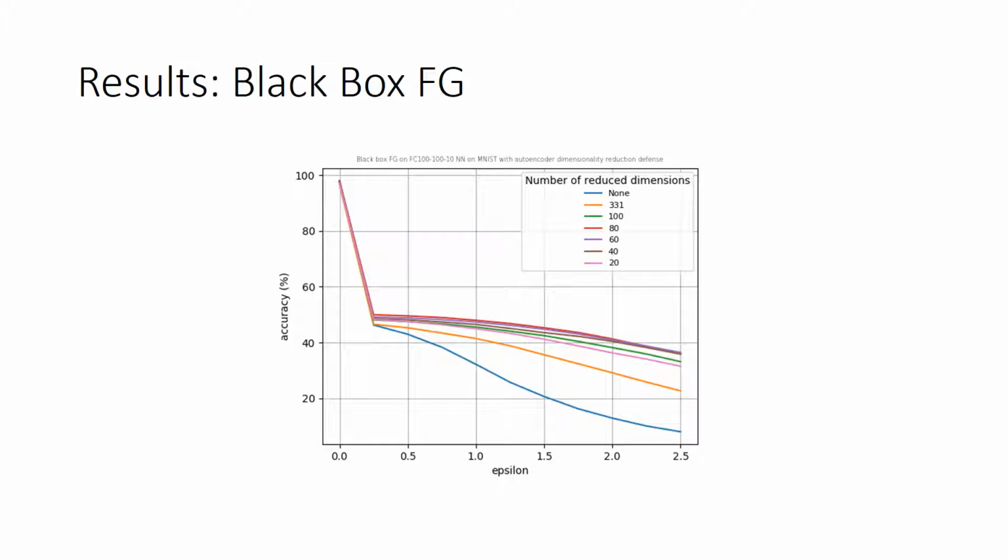In general, the three dimensions that do the best are 60, 80, and 40. If I had to pick just one number of dimensions to reduce to, I would pick 80 because that seems to do the best.